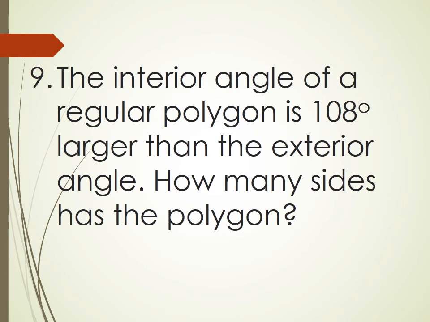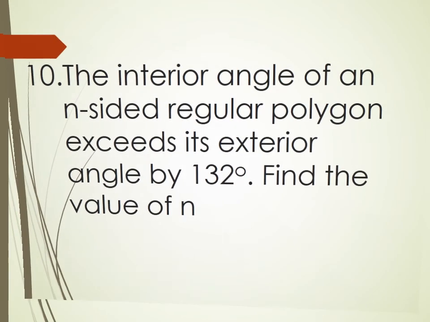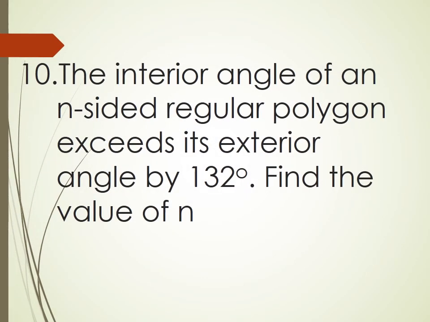Question 9. The interior angle of a regular polygon is 180 degrees larger than the exterior angle. How many sides has the polygon? Question 10. The interior angle of an n-sided regular polygon exceeds its exterior angle by 132 degrees. Find the value of n.